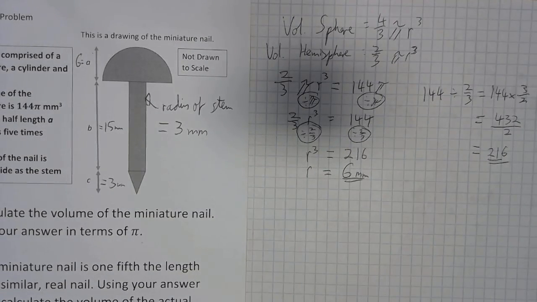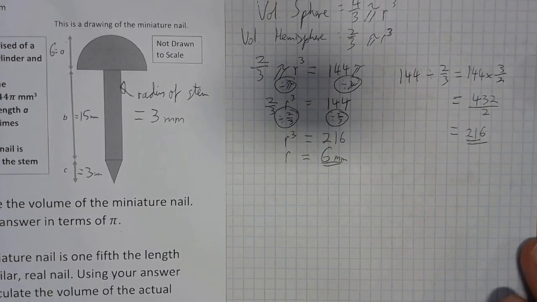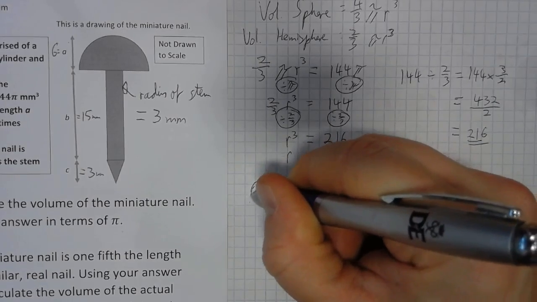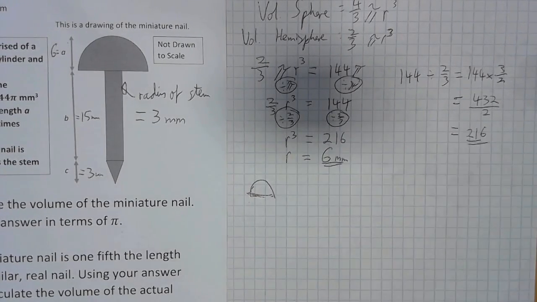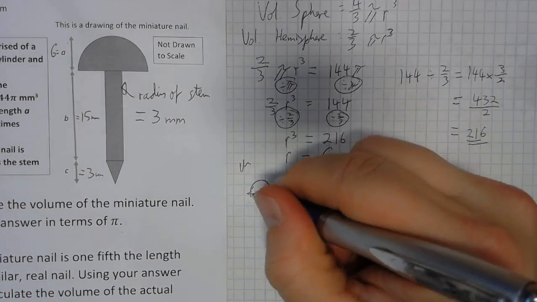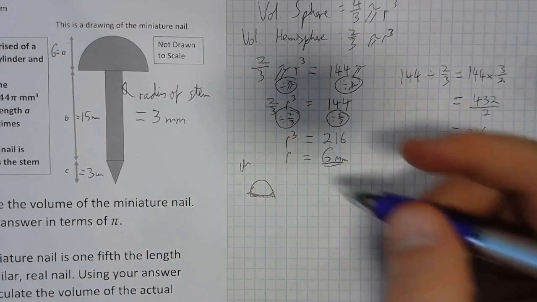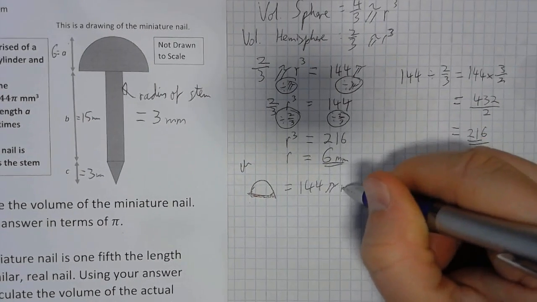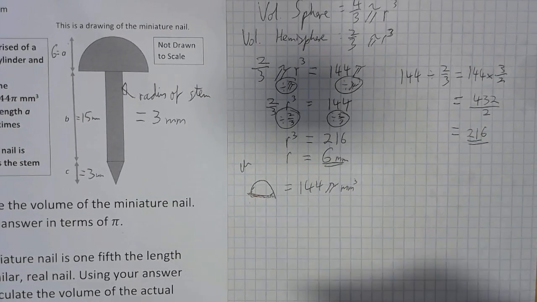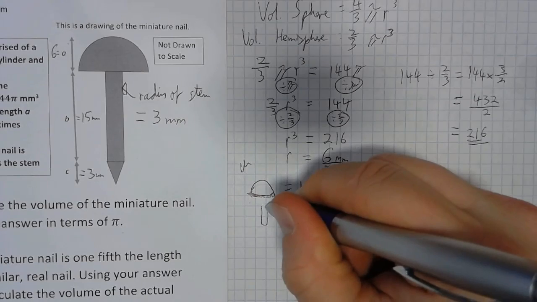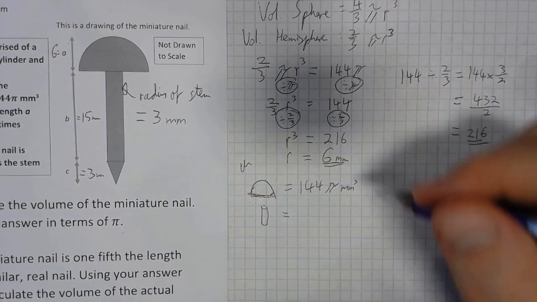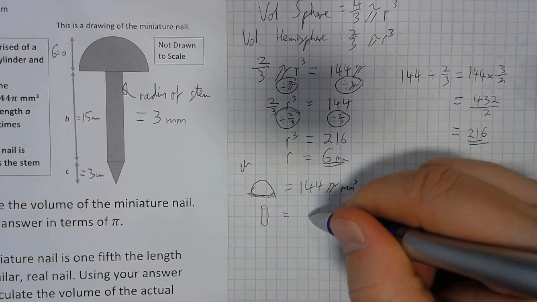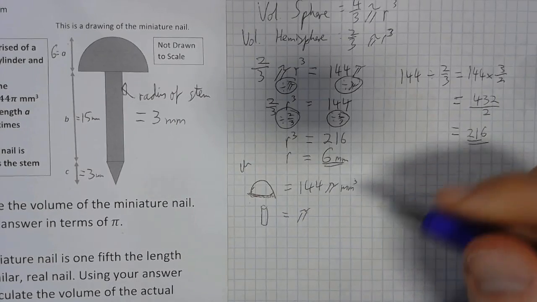Okay, calculate the volume. Alright, so we're just going to take those 3 different parts. So we've got the hemisphere, and that is, we already know that, 144 pi millimeters cubed. And then we've got the stem part, which is the cylinder, and pi r squared h will give me the volume of a cylinder.